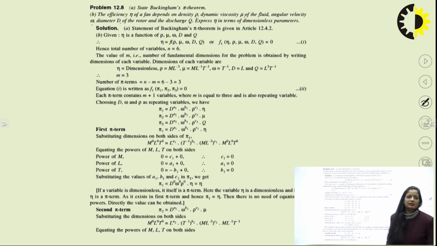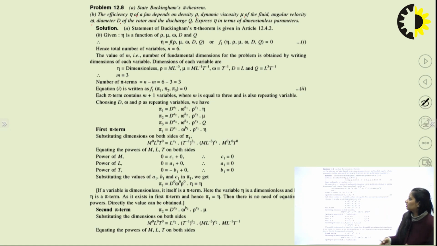Now the question asks to express eta in terms of dimensionless parameters. Whenever you get confused about which method to apply, just count the number of variables involved. If it is more than 3, go for the Buckingham Pi theorem, or the question may directly ask you to apply that method.